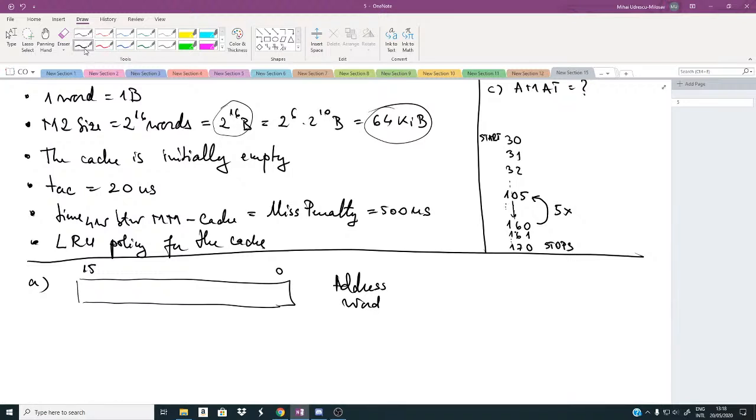Because one word is 1 byte, meaning that we have 2 to the power 0 bytes for one word. So this 0 is the size of the byte offset, right? Instead, we have a word offset.